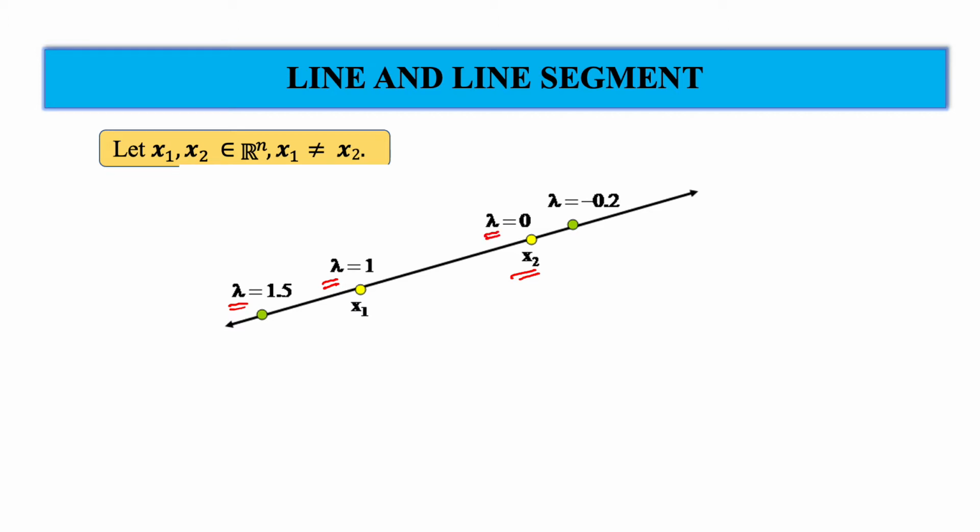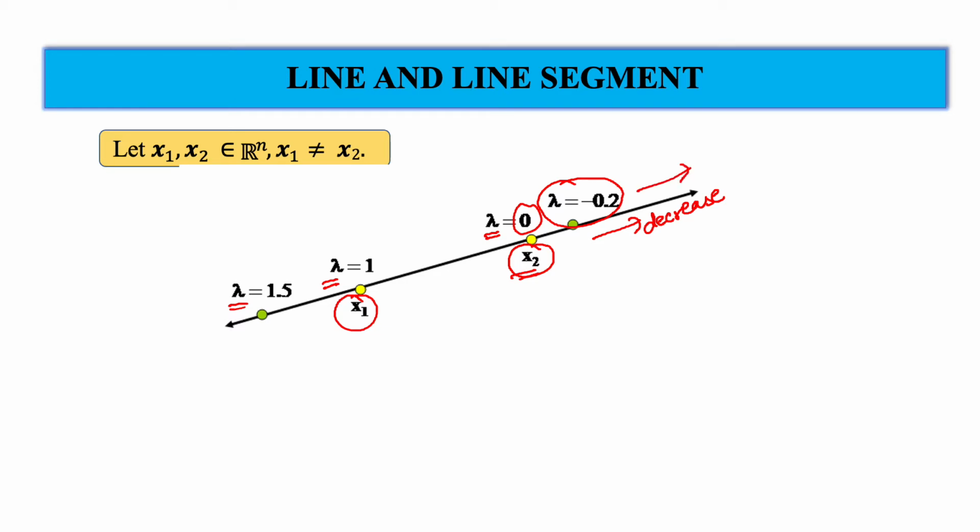Let us assume that lambda is 1 at point x1 and 0 at point x2, and beyond x2 the value of lambda decreases. Here you will see that this point has lambda equal to minus 0.2, and it decreases further as you move away from x2 in this direction.